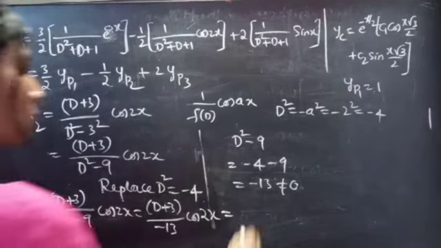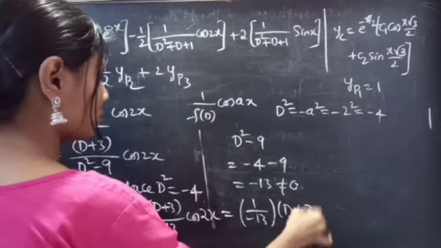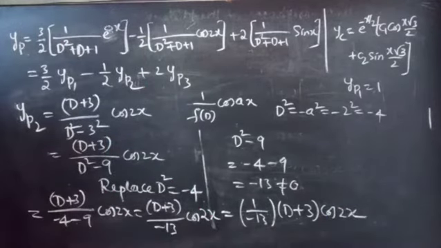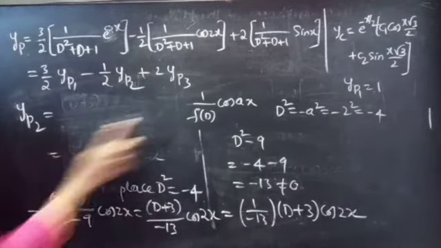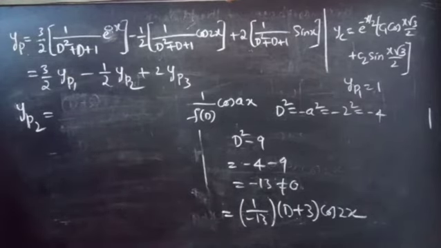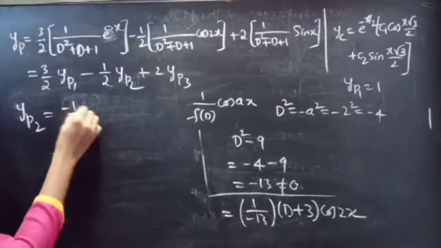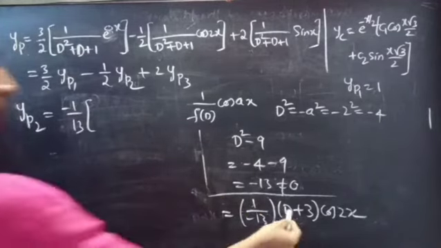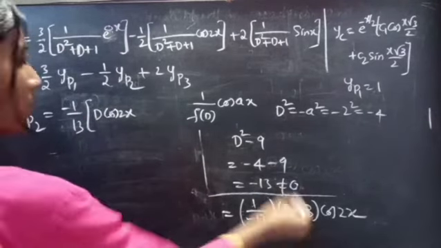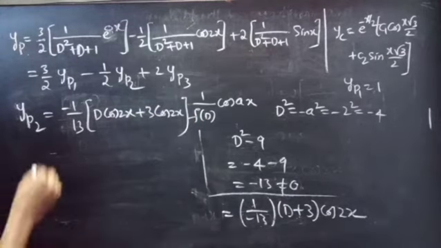Again, you can write this as 1 by minus 13 into d plus 3 into cos 2x. Let's write 1 by minus 13 as minus 1 by 13. We'll write it as minus 1 by 13 into d cos 2x plus 3 cos 2x.